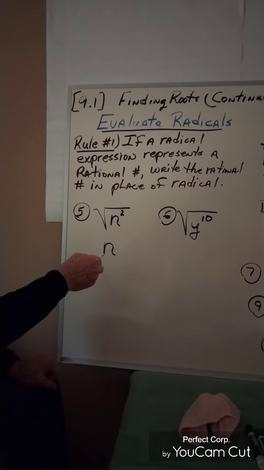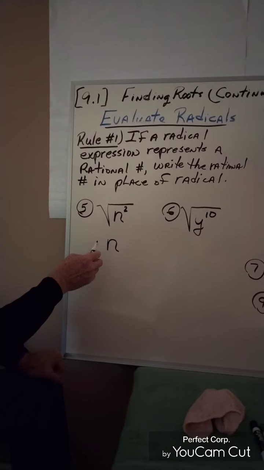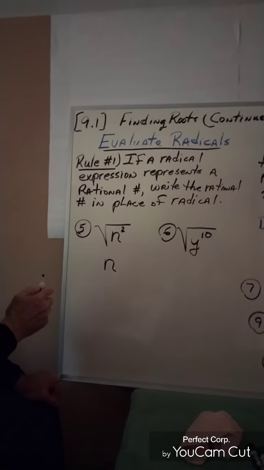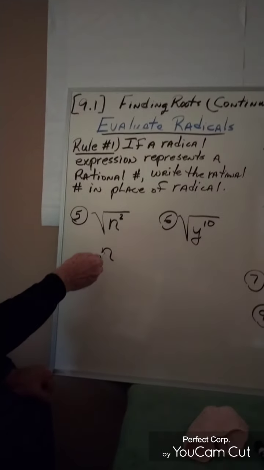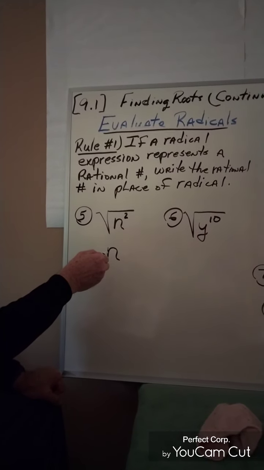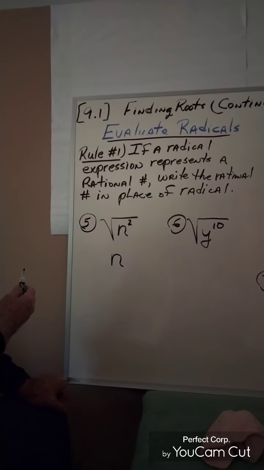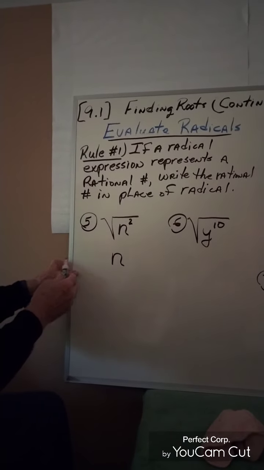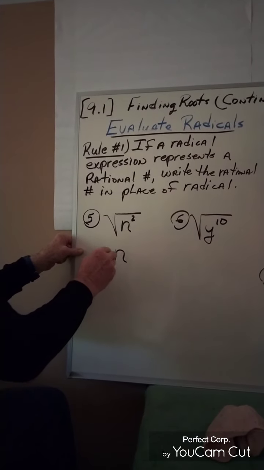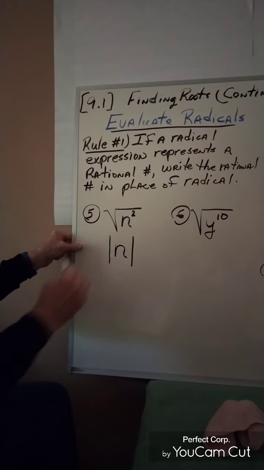But it can't be negative because of that radical sign. So to make both of these rules satisfied, meaning to allow n to be a negative number, but yet make sure that our overall answer is not negative, we'd have to take that answer of n and put it in between an absolute value symbol.